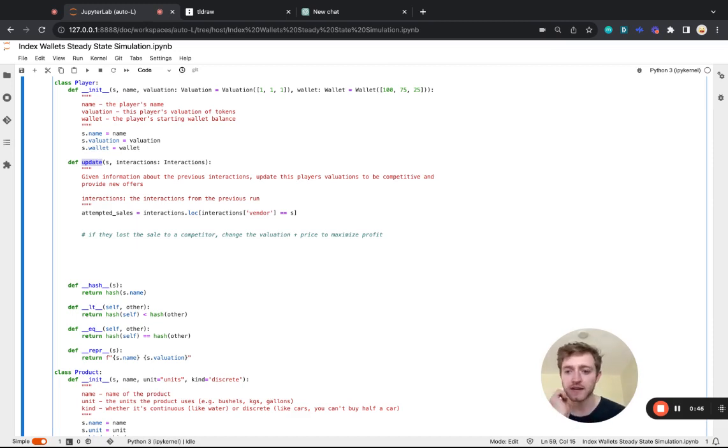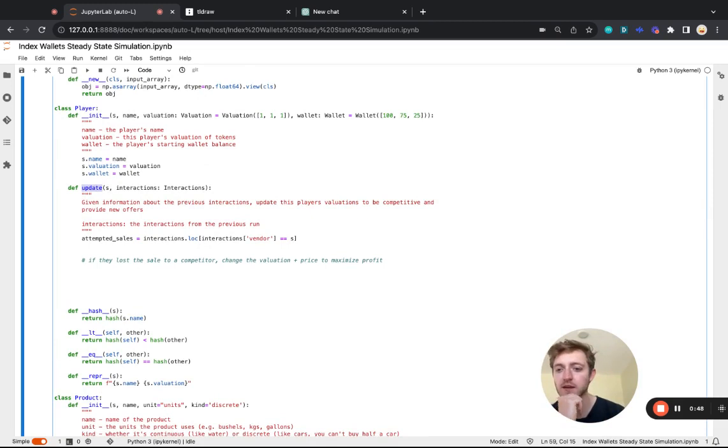To give context, what we have here is a player that is making some choices in the market about how much to sell their products for. And they know that they're not going to be able to make a sale if they don't have the best price for a customer. That's our criteria right now.